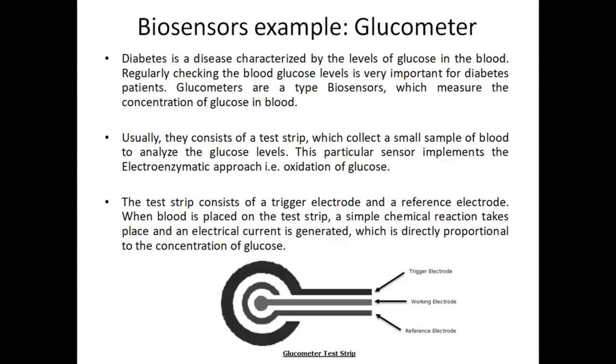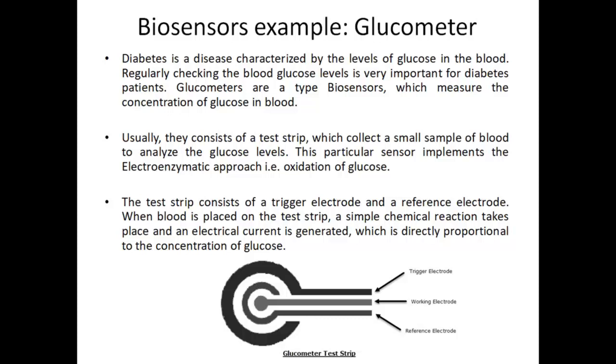So when you place the blood sample on this, the working electrode is there. The trigger electrode actually supplies a battery. Electrolysis starts, and the oxidation of glucose takes place, and a corresponding voltage is produced, which is proportional to the concentration of glucose in the blood sample.